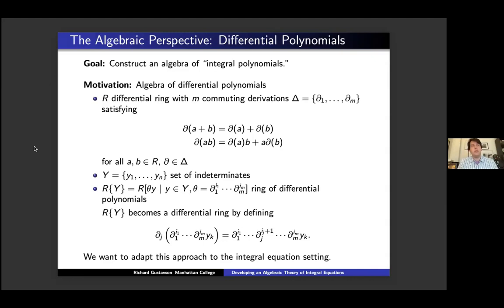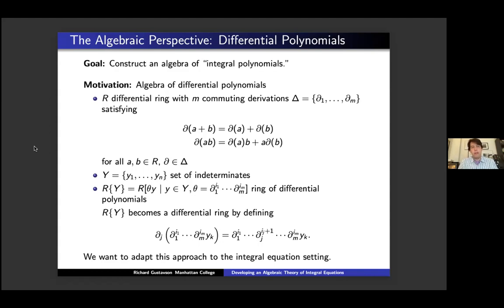One thing that we've been able to do is, when we have an integral equation that involves products of integrals, to convert it into one that only involves iterated integrals. And I'll talk about that later on. So that's one example.